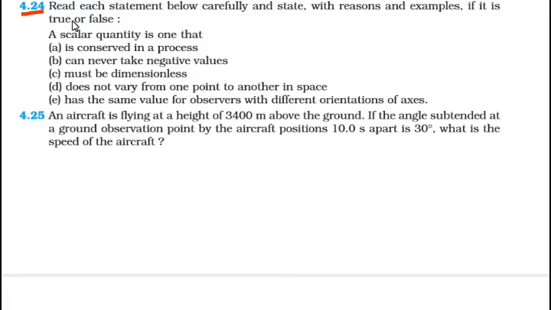A scalar quantity is one that: A, is conserved in a process; B, can never take a negative value; C, must be dimensionless; D, does not vary from one point to another in space; E, has the same value for observers with different orientations of axes.